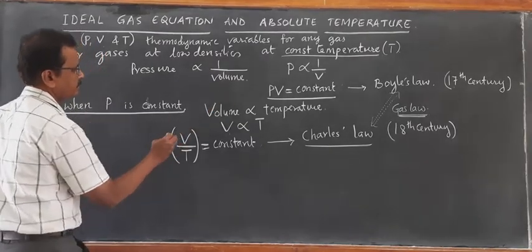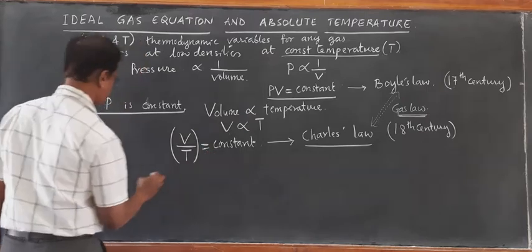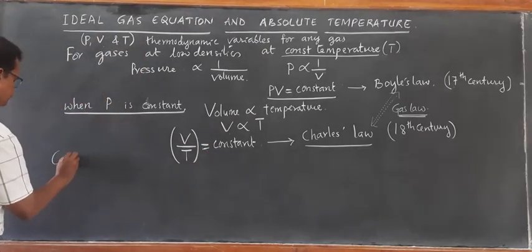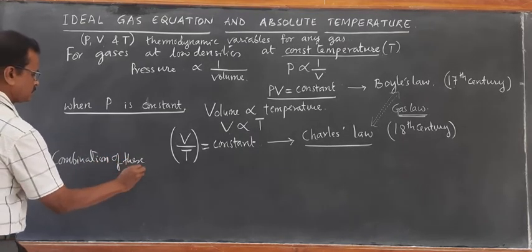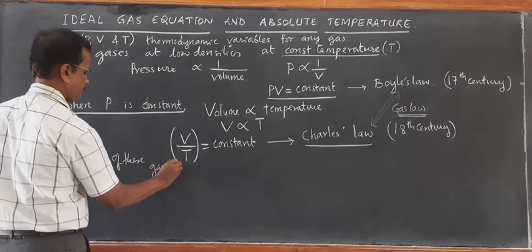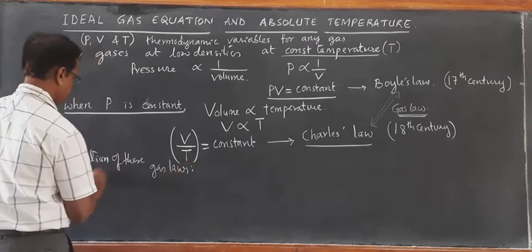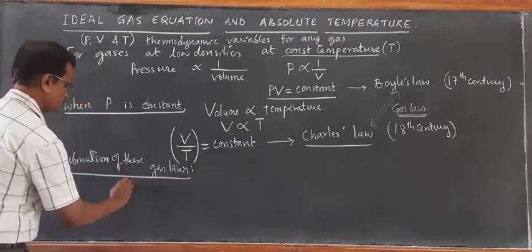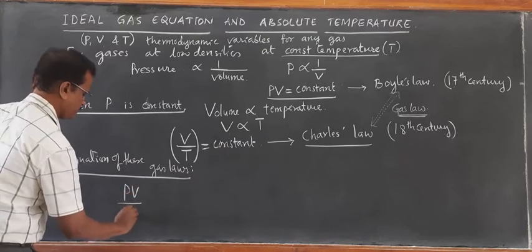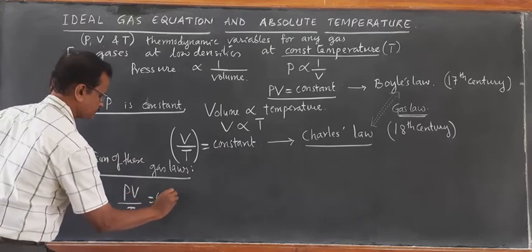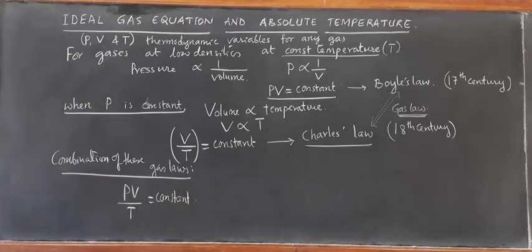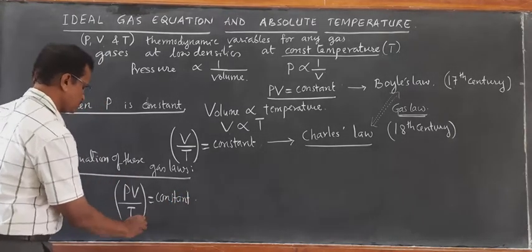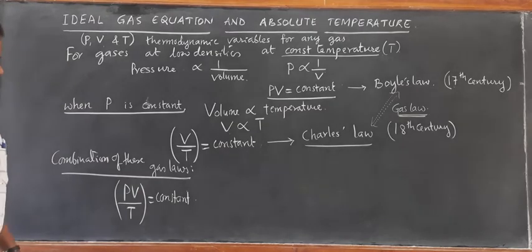Combining PV equal to constant and V by T equal to constant, the combination of these gas laws results in what is known as PV by T equal to constant. This is what is known as the ideal gas law.